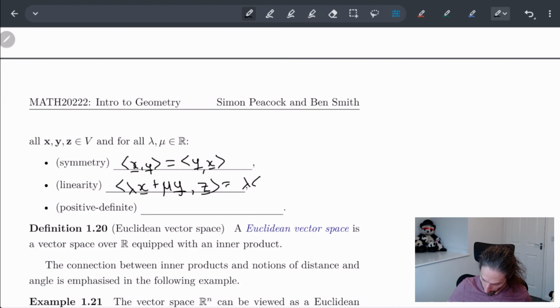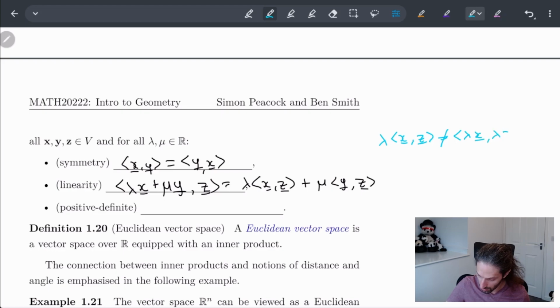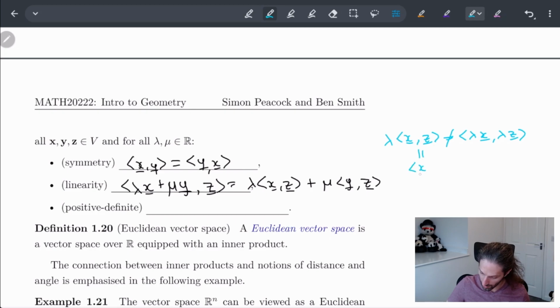So lambda times the inner product of x and z plus mu times the inner product of y and z. A thing to note, unlike what we did with vectors, here lambda times the inner product of x and z does not equal multiplying inside every single term. What it does equal is we can either put it in front or we can put it in the second component. It doesn't really matter.